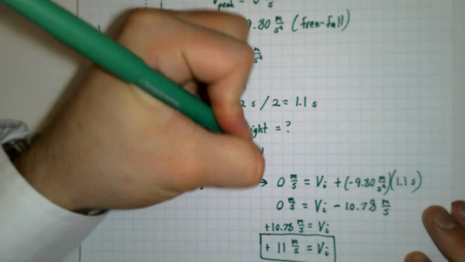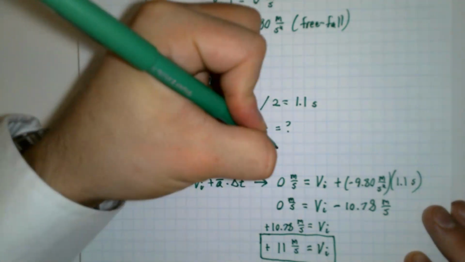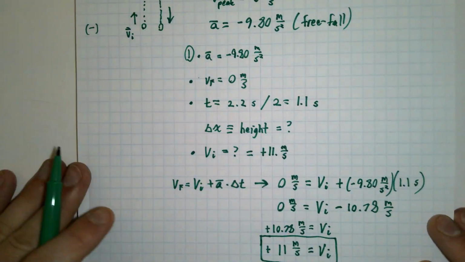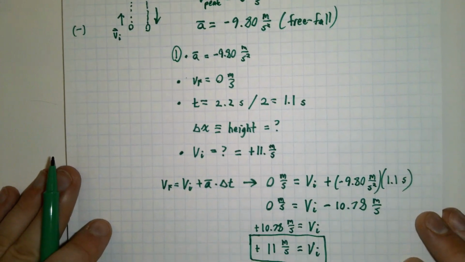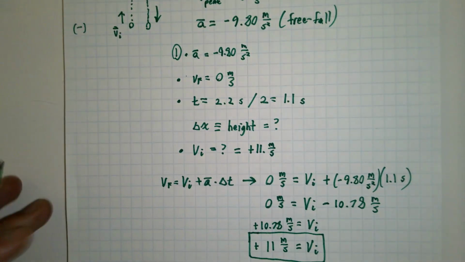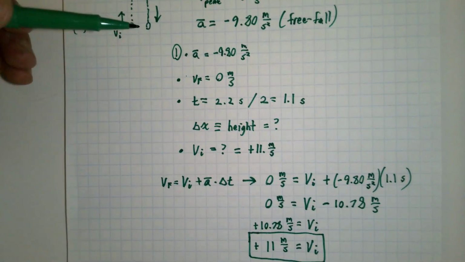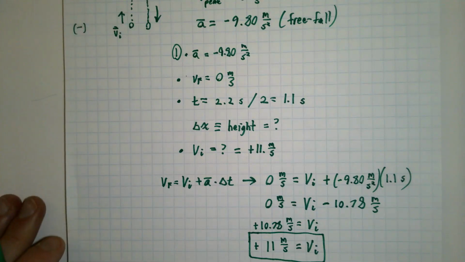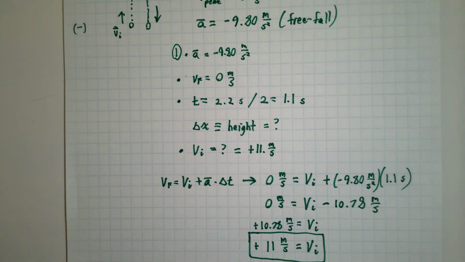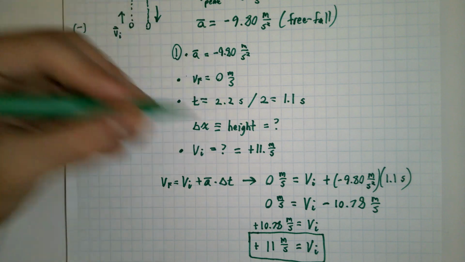So I can write this out as positive 11 meters per second. Now we can relate any of these 4 quantities to this fifth. The easiest, or the simplest, might be, we could use 2 equations here because we have so much information.